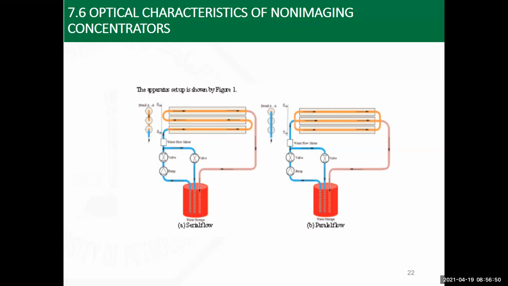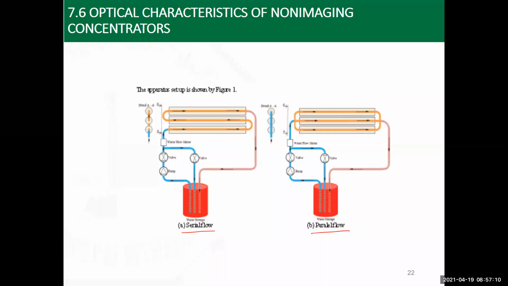Whereas here, you are allowing the whole mass flow rate to pass in a zigzag form. And that's what we call a serial arrangement, and this is a parallel arrangement. So again, it allows you to do both series and parallel connections of the tubes.